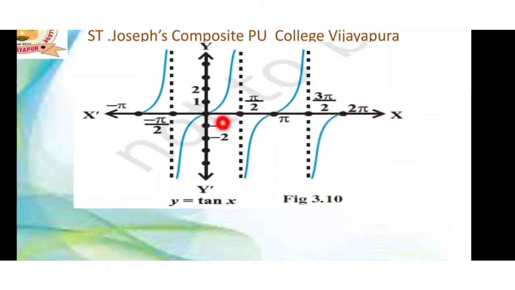So 0 to pi, 2 pi to 3 pi, it is the same. This graph repeats, having the same values. So tan 0 is 0, tan pi is also 0, and tan pi by 2 is infinity, not defined. Tan 3 pi by 2 is also not defined. So this function repeats after pi.